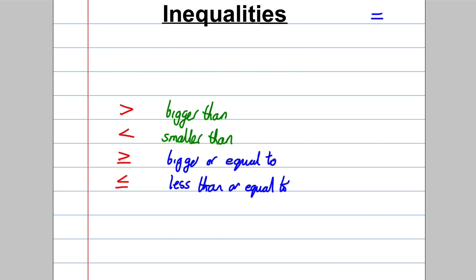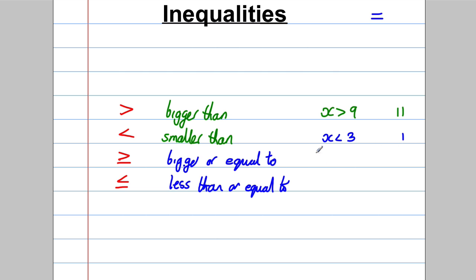Say for example I said x was bigger than 9. x is some number that's certainly bigger than 9, so it could be infinitely many things, like 11. What if I said x is smaller than 3? x is any number smaller than 3, for example 1.